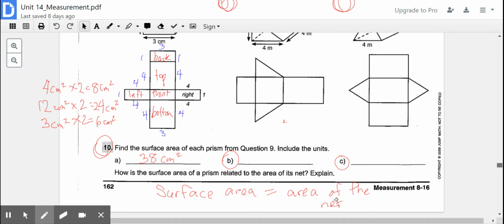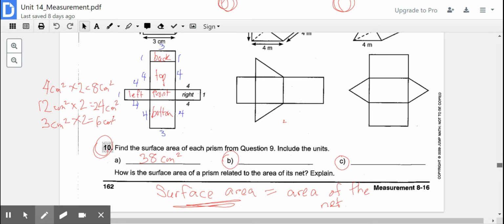This is where it ties into what we were doing at the beginning of the unit, where we actually built the nets of the three-dimensional shapes. If you take a three-dimensional prism and you unfold it into a net, that is equal to the surface area. It's all of the surfaces added together.